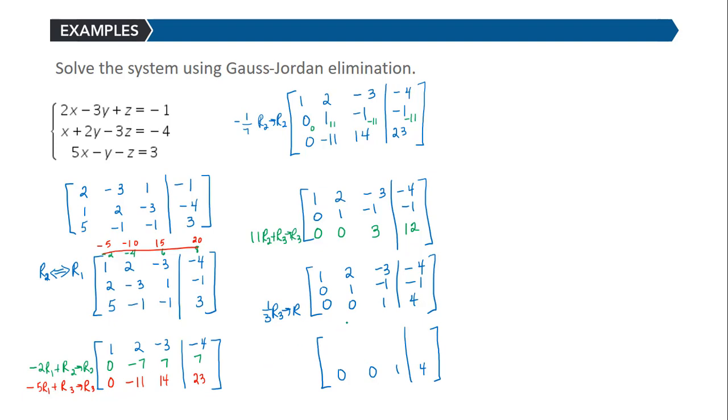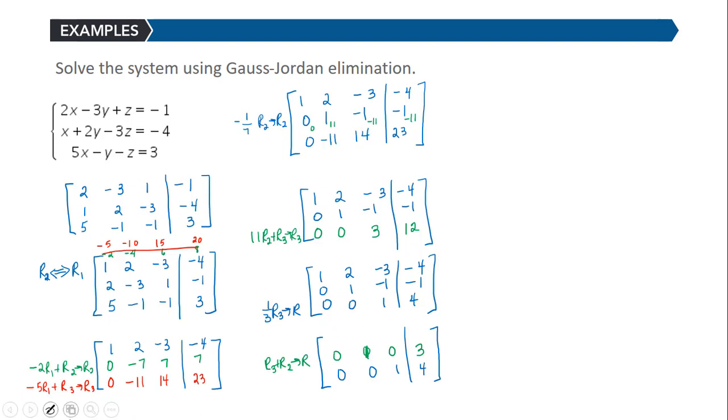So I'm going to add row 3 to row 2 and replace row 2. Because what will that be? 0 plus 0 is 0. 1 plus 0 is 1. Negative 1 plus 1 is 0. And then negative 1 plus 4 is 3.